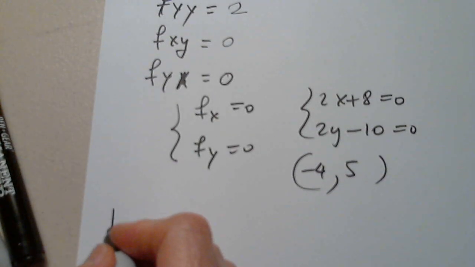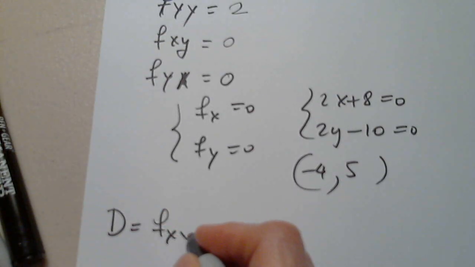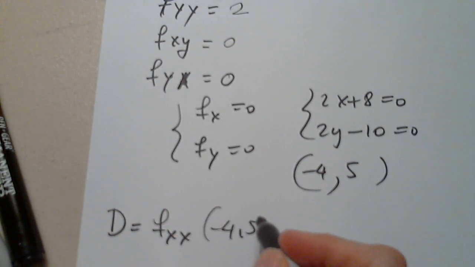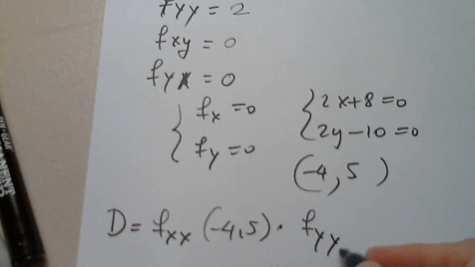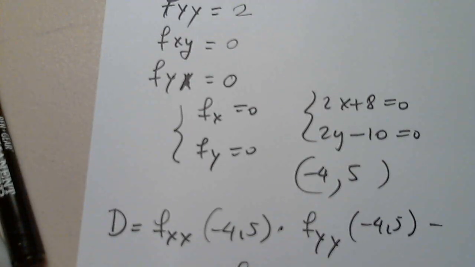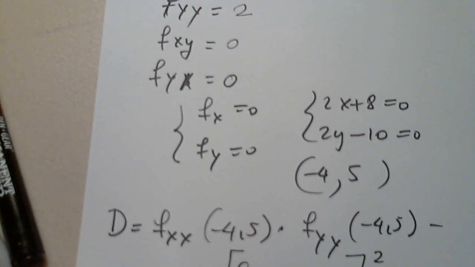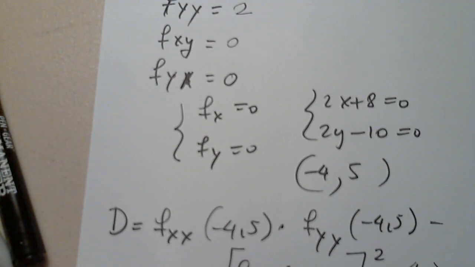At this point, we determine the d value or d test. We have fxx at -4, 5 times fyy at -4, 5 minus fxy evaluated at -4, 5 squared. But fxx is just 2 and fyy is just 2, so this is 4.